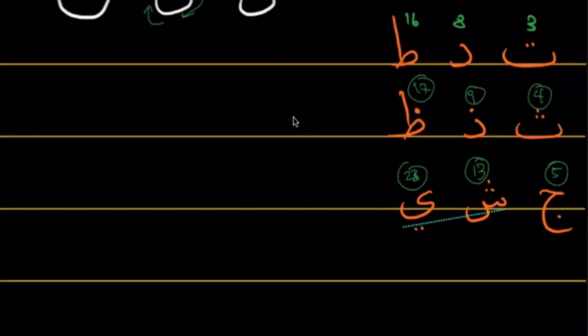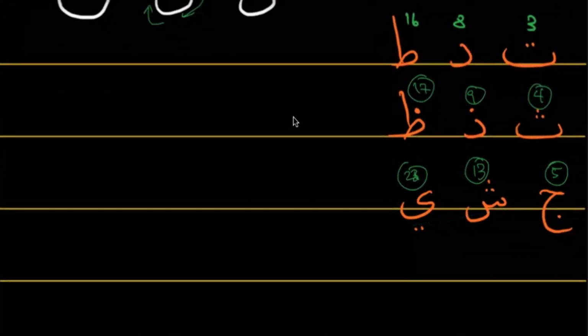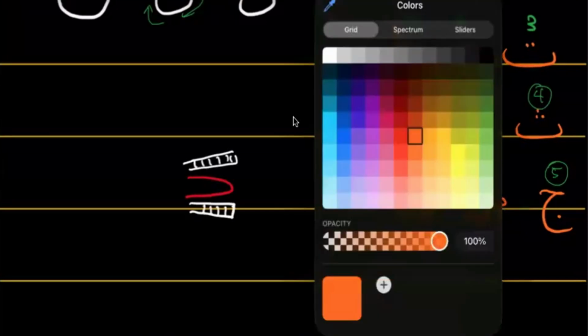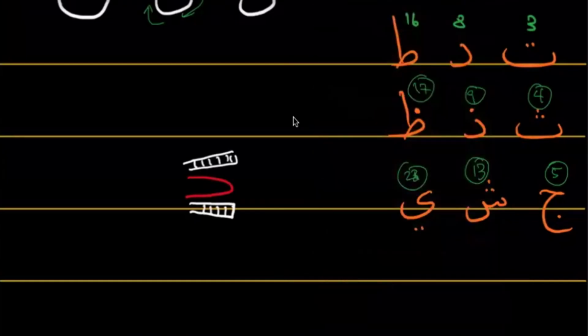Because they all come from the middle of the tongue. So if this is your tongue here, and here, these are teeth, and these are teeth underneath, and you have in your mouth the roof of your mouth, right?